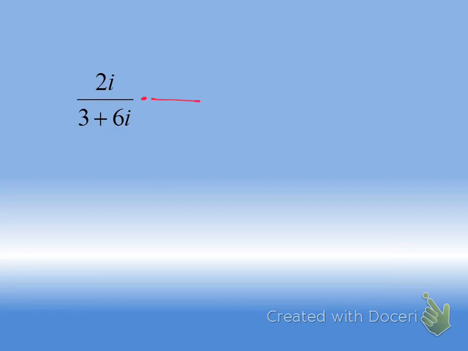But what you need to multiply by is 3 minus 6i. And you do that on top and bottom. 3 plus 6i and 3 minus 6i are what?